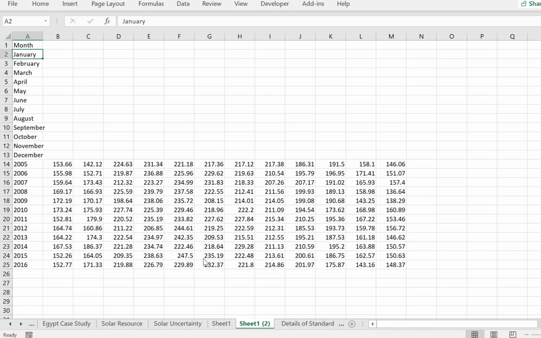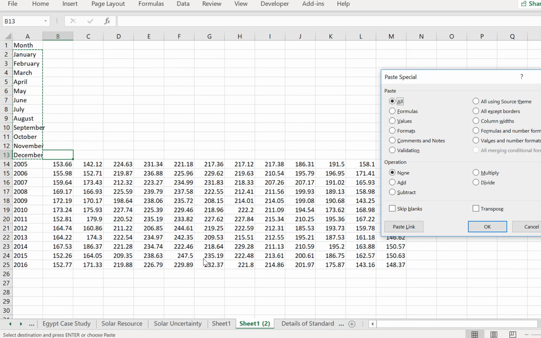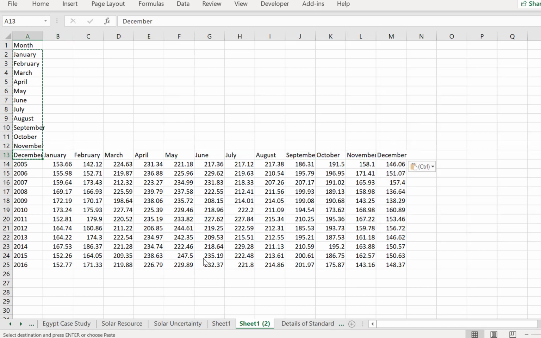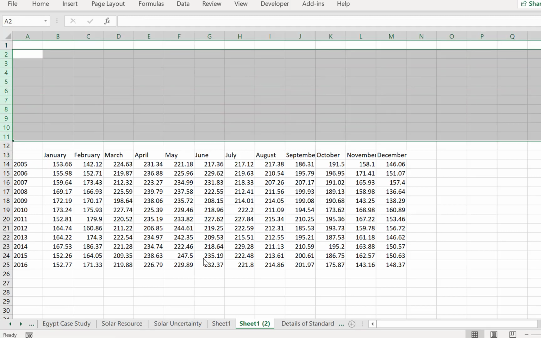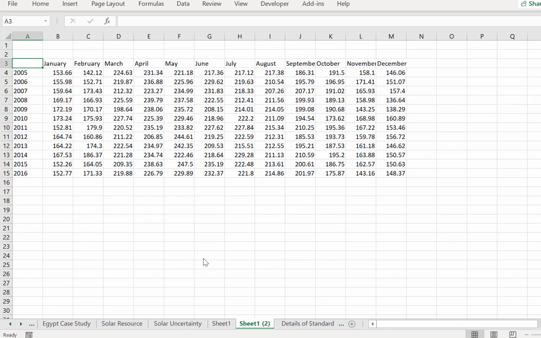Okay, and let's put our months in. So let's copy and paste special as transpose and get rid of all this stuff. It was painful for me to write little codes because I kept on getting it wrong.